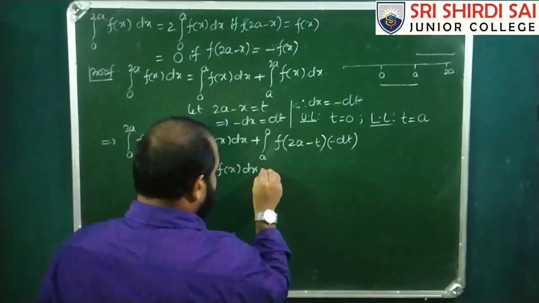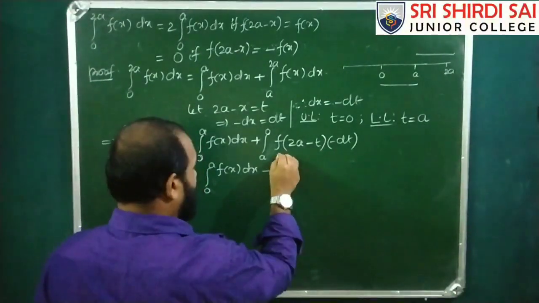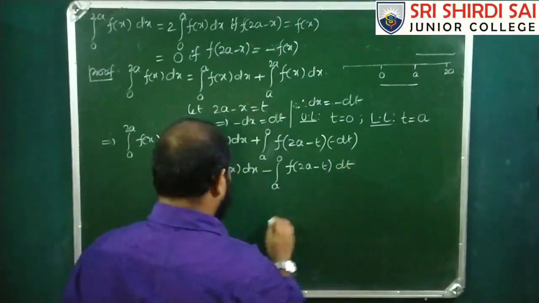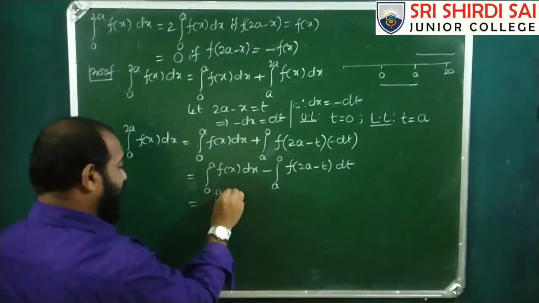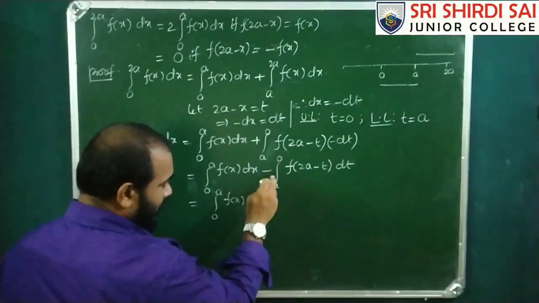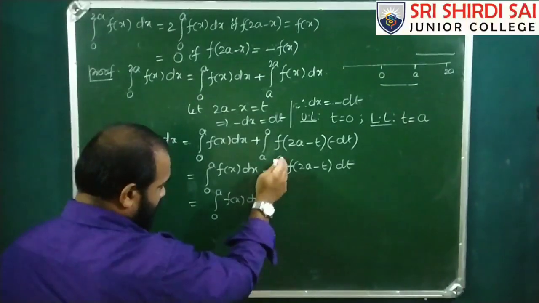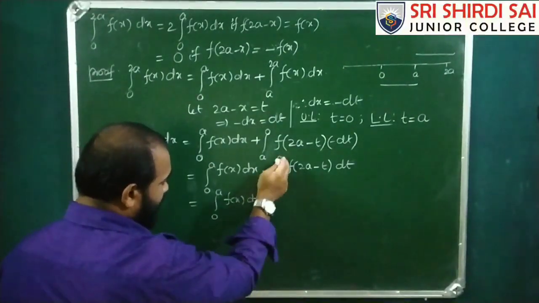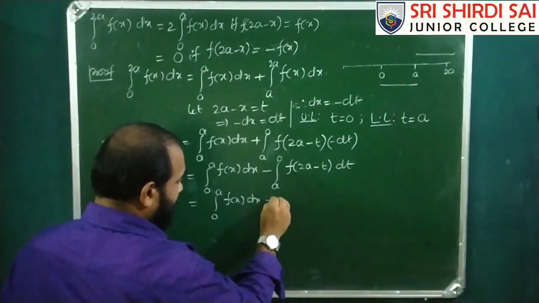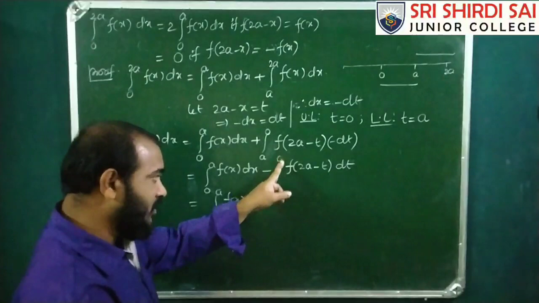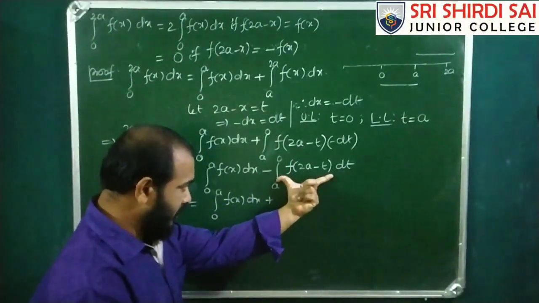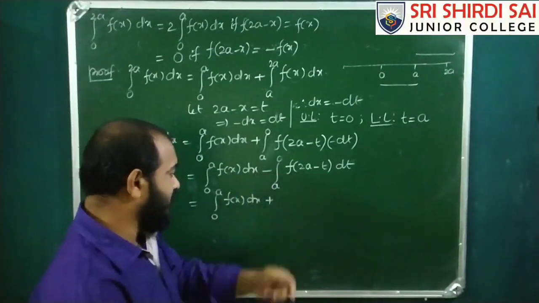So plus into minus, minus a to 0 f of 2a minus t dt. Now this is 0 to a f of x dx. So if you interchange these two values, upper limits and lower limits, then actually this minus will be plus, because whenever we interchange the limits, the value is differed by an opposite sign.